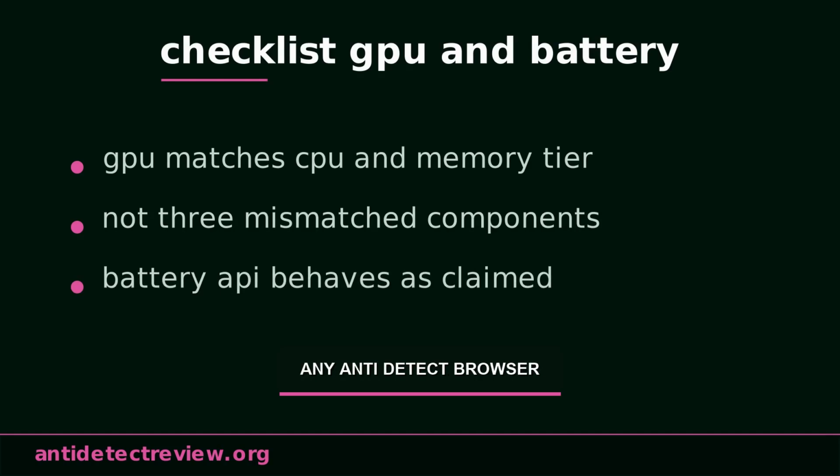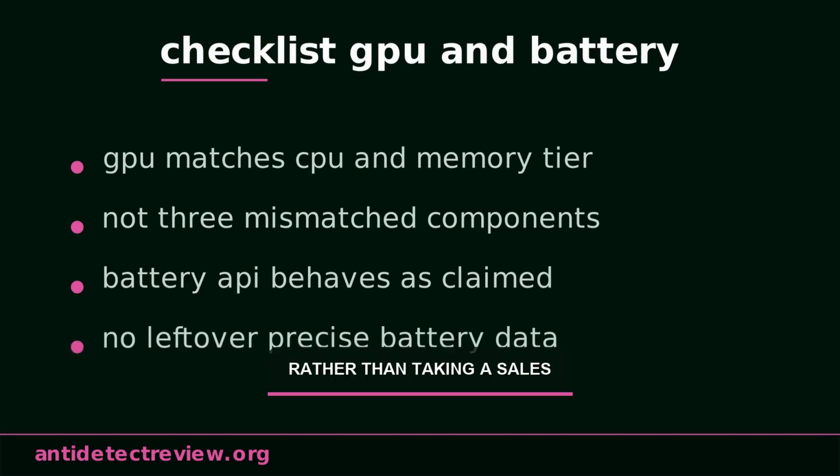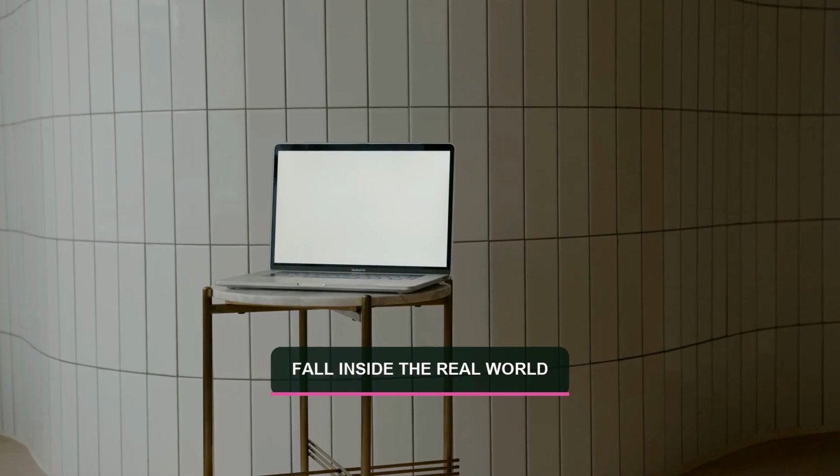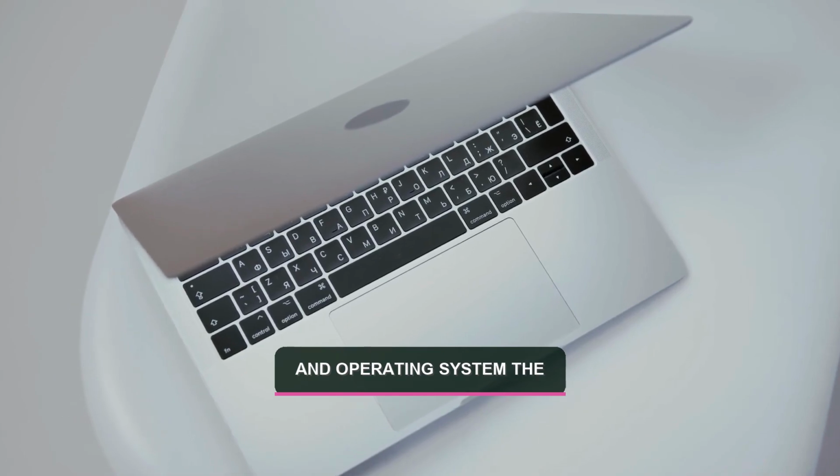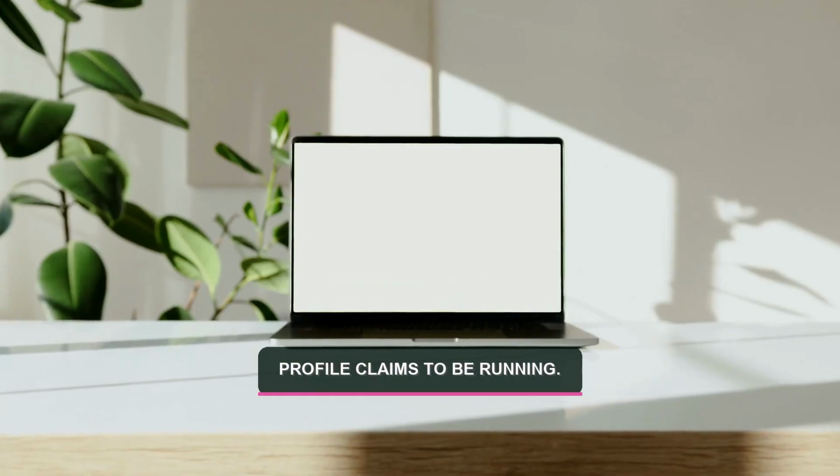If you are evaluating any anti-detect browser on this specific axis, rather than taking a sales page at its word, here is what is actually worth checking with your own eyes. Does the spoofed core count fall inside the real-world range for the device class and operating system the profile claims to be running?